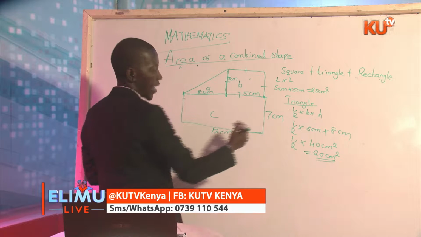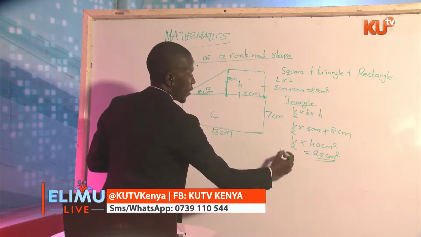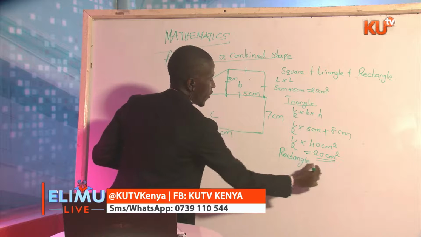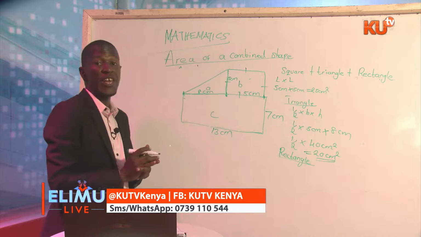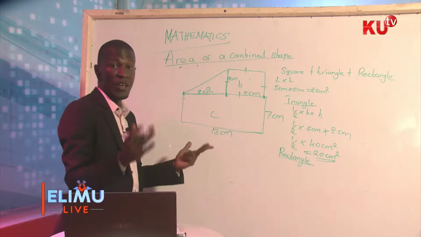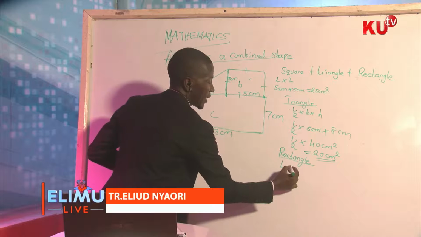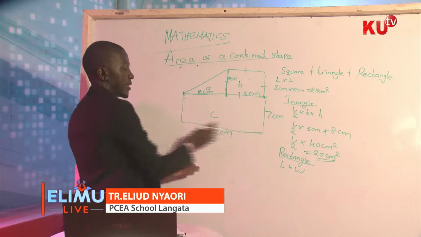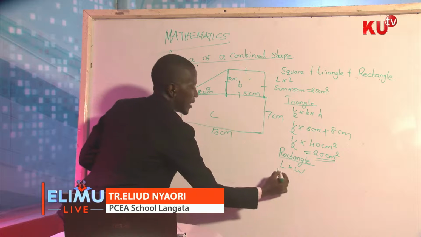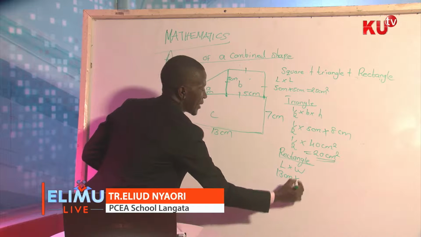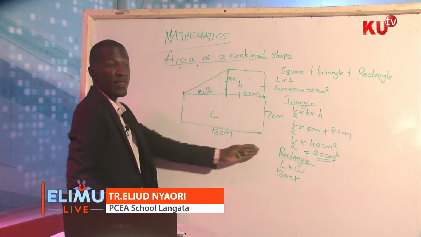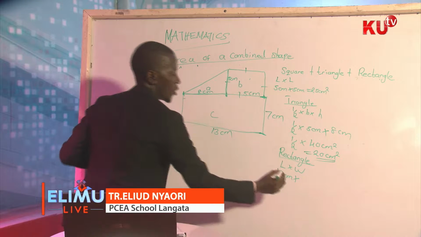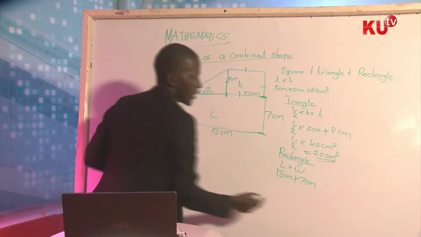Then we get the area of the rectangle. Want to believe we are clear enough? So the area of the rectangle, how do you find the area of the rectangle? Area of the rectangle is equal to length times width. So what is our length? This is the length, which is 13 centimeters times. What is our width? The width is from this part to this part, which is 7 centimeters.